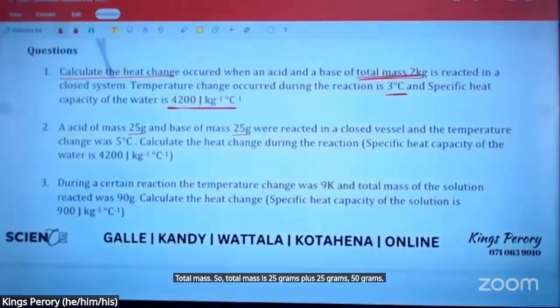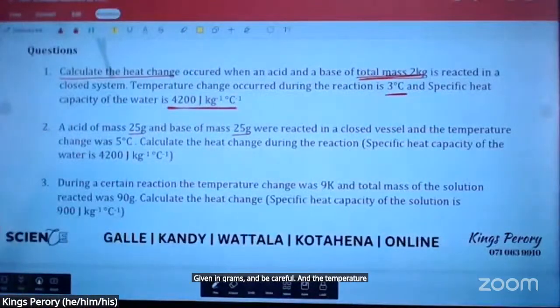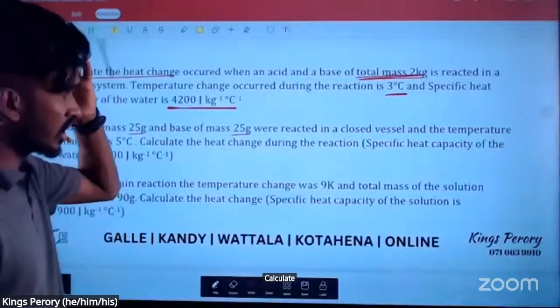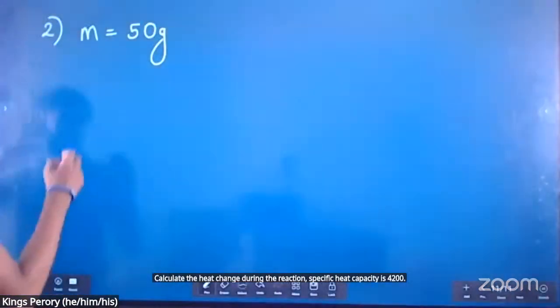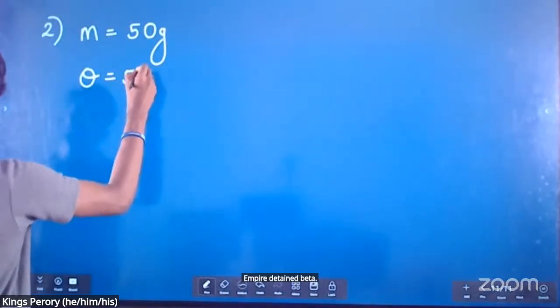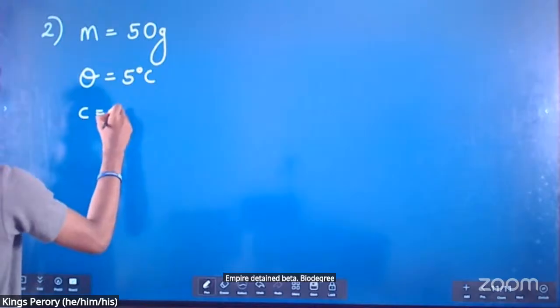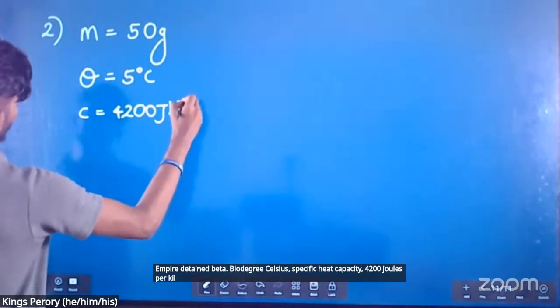Given in grams, be careful. And the temperature change is 5 degrees Celsius. Calculate the heat change during the reaction. Specific heat capacity is 4200 joules per kilogram per degree Celsius.